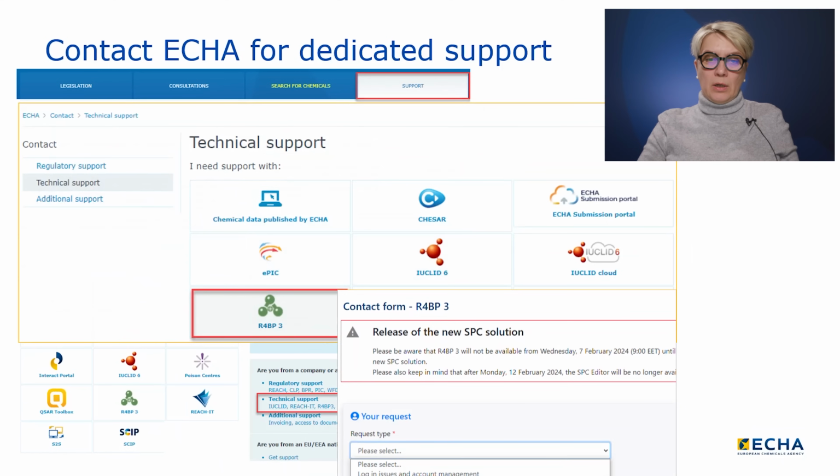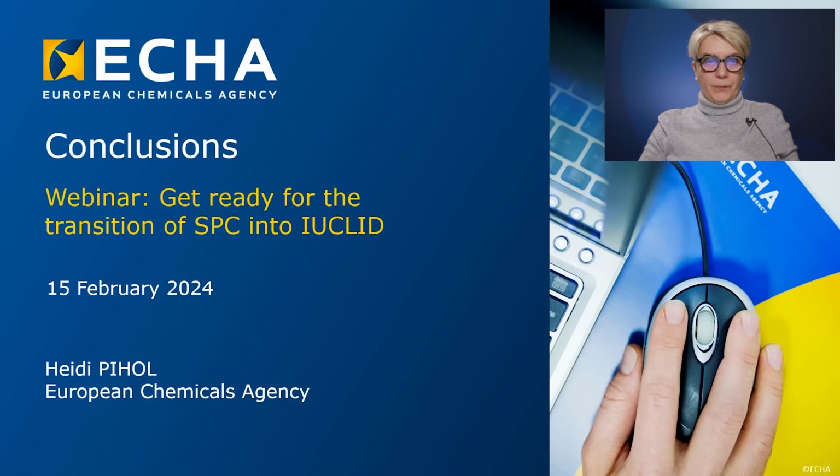For that, please select from the drop-down list SPC IUCLID. The more precisely you describe your problem or issue you are encountering, the faster ECHA can provide you the response.